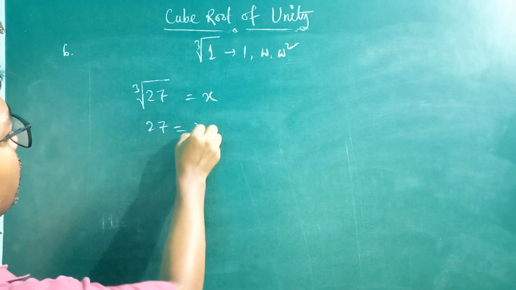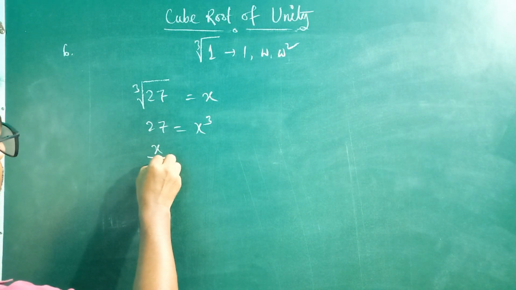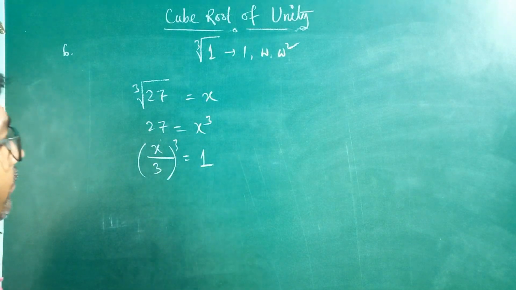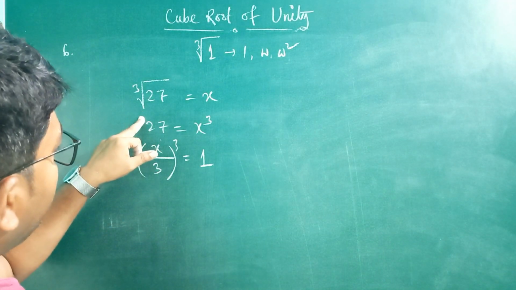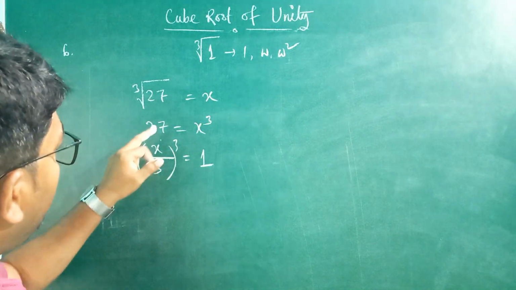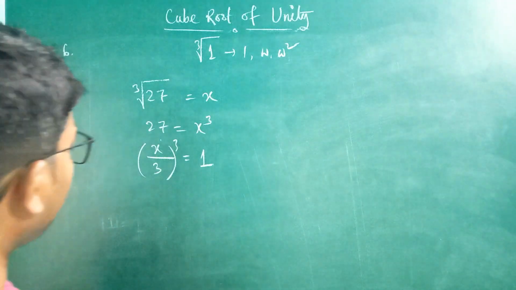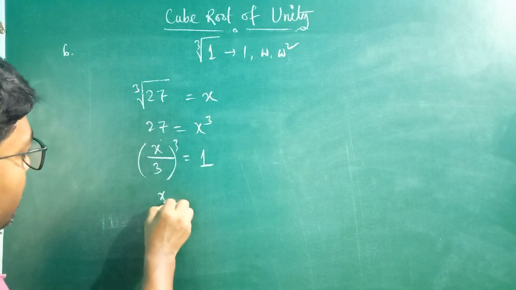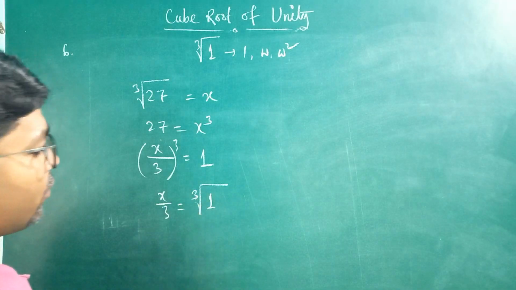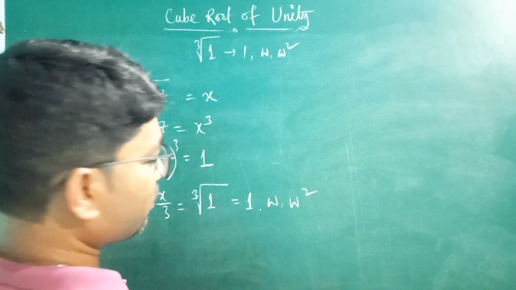So 27 equals x cube. I can write x by 3 whole cube equal to 1. That is, I shift 27 to the right side, you get x cube by 27, and x cube by 27 means x by 3 whole cube. This will be 1. Now if you take the cube root of both sides, this one is x by 3 and this one will be the cube root of 1. Then what should the value be? Its value is 1, omega and omega square.